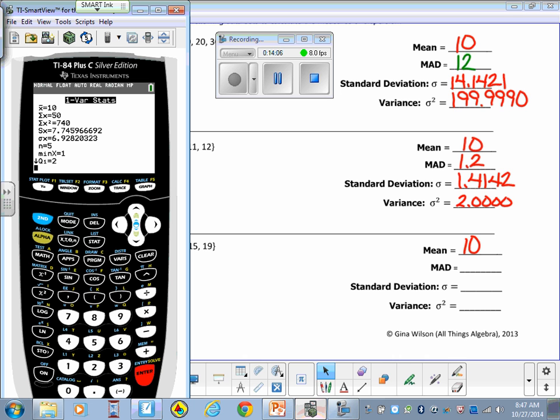Let's look at my standard deviation right here. 1, 2, 3, 4. 0 makes me stay the same, so 6.9282.